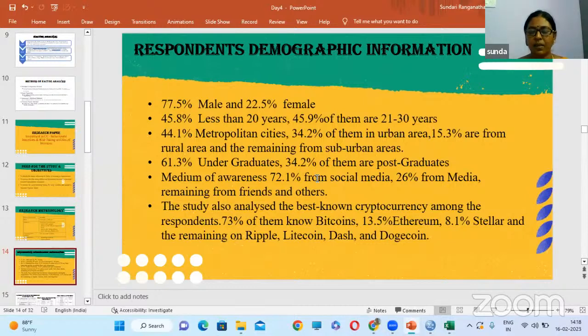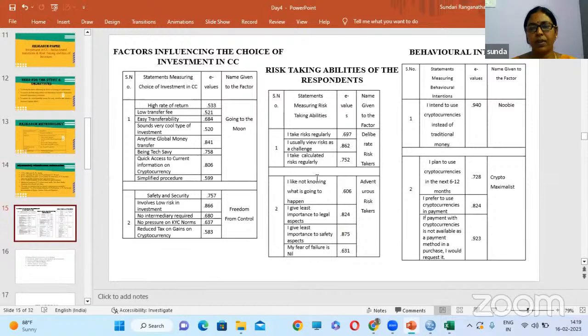I've given all these details, which will help any person reading my article to understand who the respondents are, what their previous knowledge is, and what their association with the particular topic is. That's the purpose of descriptive analysis. In any paper, definitely we have to describe the respondents' demographic information.